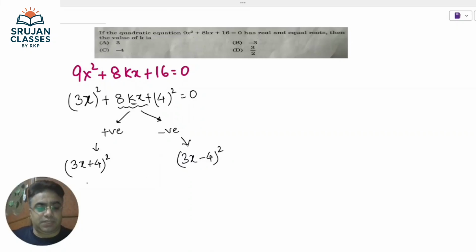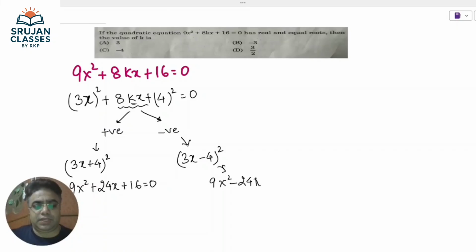If I expand this expression, it can be written as 9x square plus 24x plus 16 is equal to 0. Again, this can be written as 9x square minus 24x plus 16 is equal to 0.